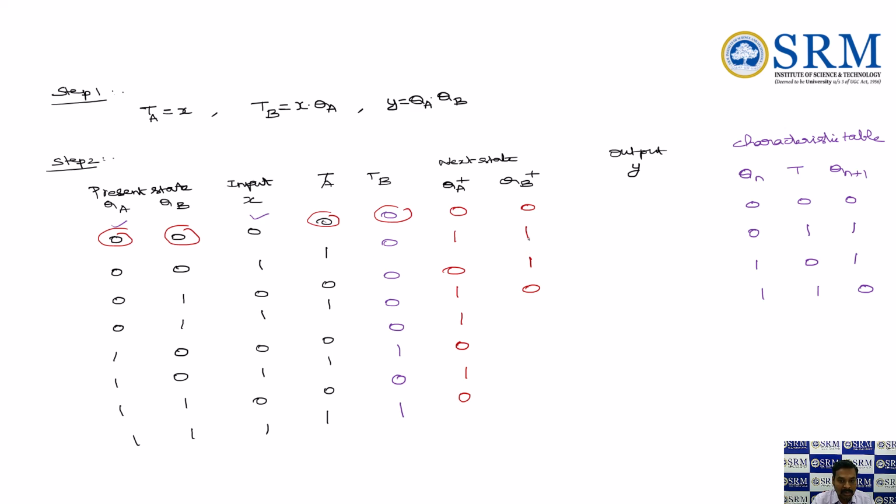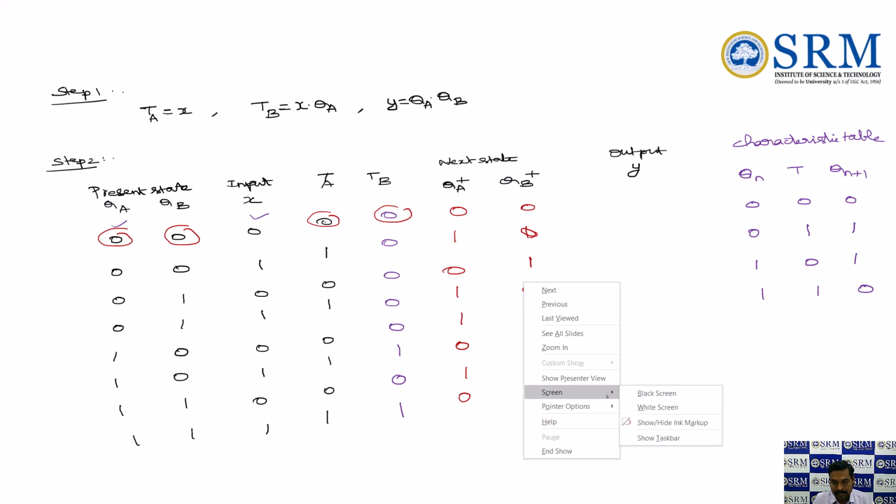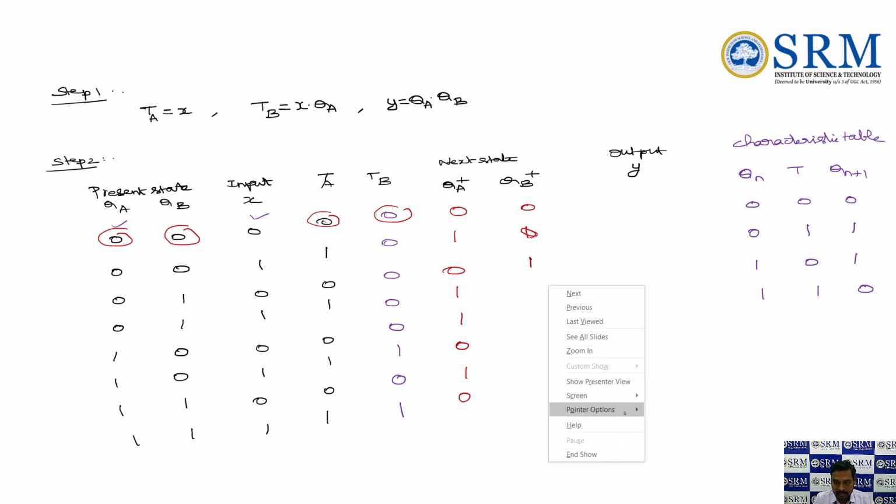Sorry, this is 0, right? So 0 0 0. Next one, this is 1. So this is 1, 0 0 1 1 0 1 1 0. So I'm checking this QB along with this TB in order to get the next state.